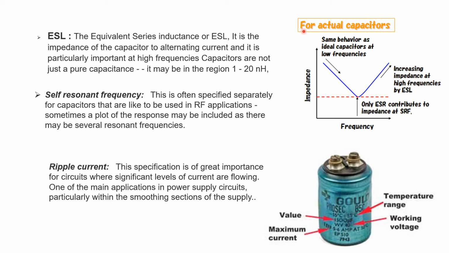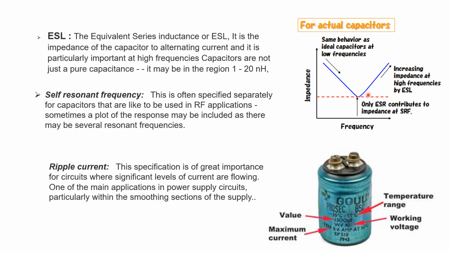If you see the graph for actual capacitors, when frequency is low you have high impedance, and whenever frequency increases to a particular level, the impedance is almost zero, which means there is a self resonance frequency. Only ESR contributes to the impedance at self-resonance frequency. And again, if you go further up to higher frequency, you see impedance increasing again. So this is the V curve you will find.